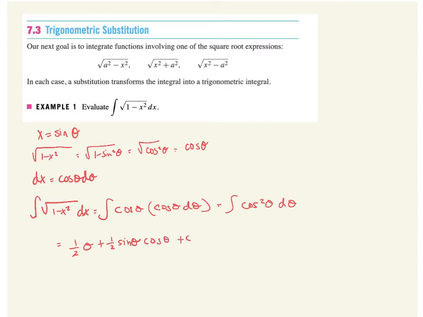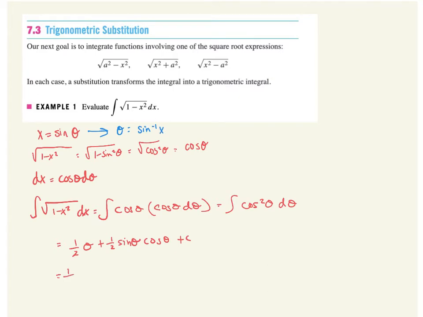Okay. And finally, we do need to convert back. So sometimes we'll have all of the information, sometimes we'll have to draw a triangle to pull what we need. So in this case, my theta, I don't exactly have that, right? But if I know that x equals sine theta, well, then theta equals sine inverse x.